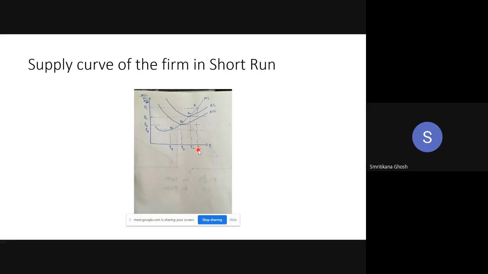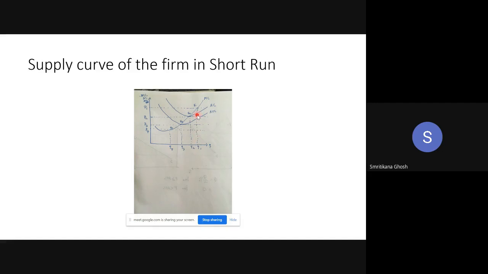Now I am asking you the question, if the price is P1, whether it is a profit or loss situation. Look, your AR is here. For Q1, the value of AR is E1Q1.